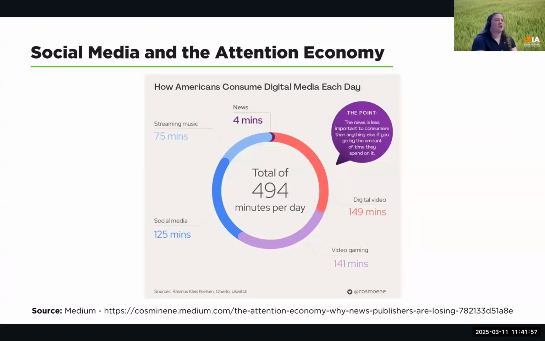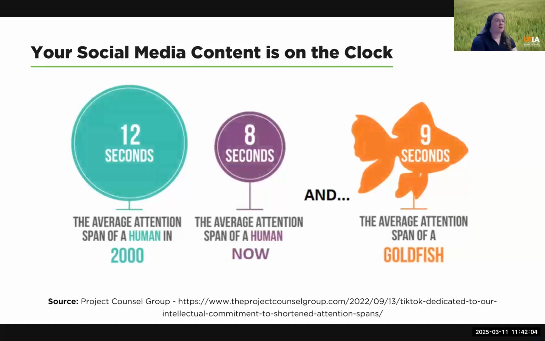Obviously, you start to understand that it's pretty important to get that message across. So again, this graphic reiterates some of the things we talked about and showcases just how much time you really have to get that message across.